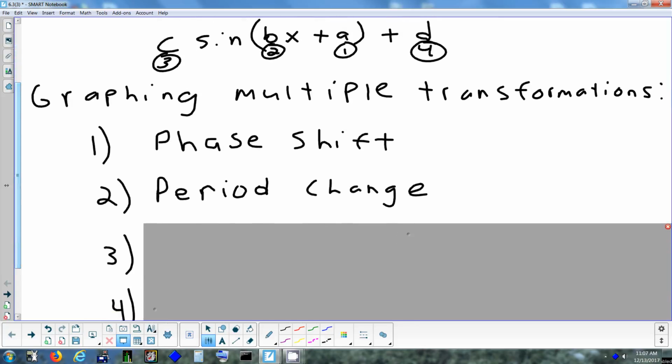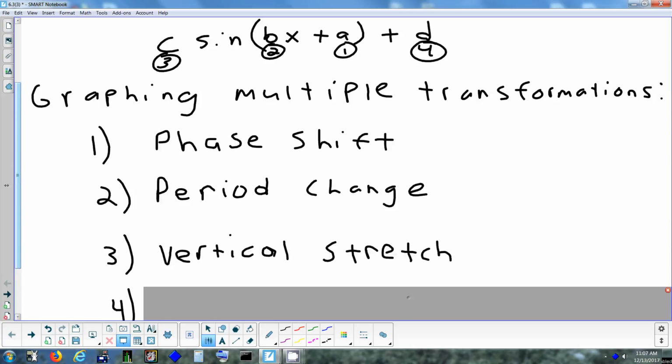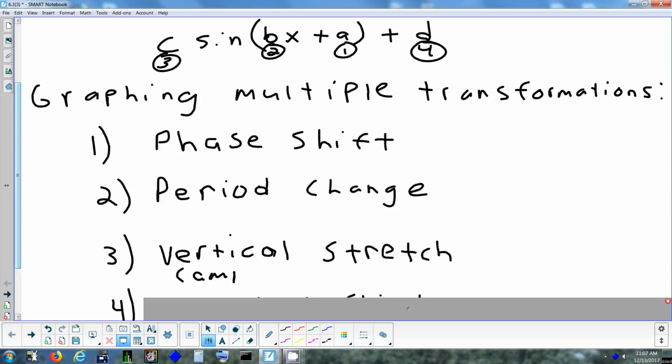What kind of stretch? Vertical. Yep. So that's your vertical stretch. And what did we call that? Vertical stretch changes the y's, but what do we call that on the graph? The height of it. Amplitude. It's an amplitude change. Yep. So vertical stretch, or you could call it amplitude change.